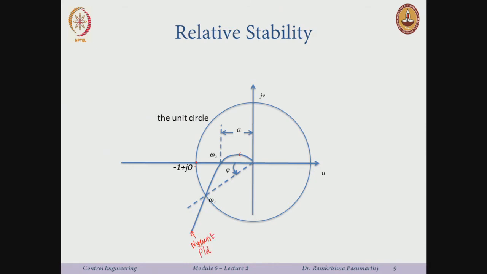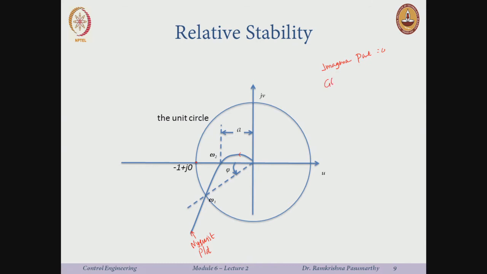Okay, and this is the point -1 plus j0, and I just draw a circle around here, and say this is the distance from here till here is -1, the distance from here till here is A. So, what is this distance? This distance is when the imaginary part goes to 0.